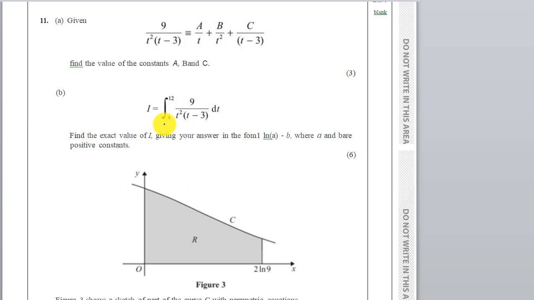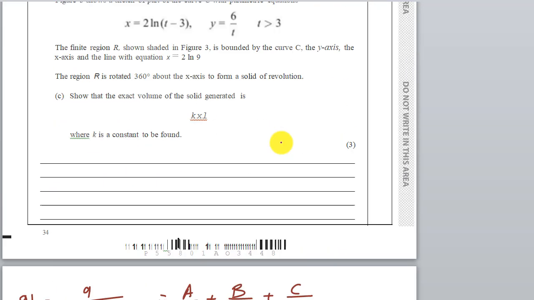The integration from 4 to 12 of 9 divided by t squared (t - 3) dt. Find the exact value of the integration, giving your answer in the form ln a minus b, where a and b are positive constants.